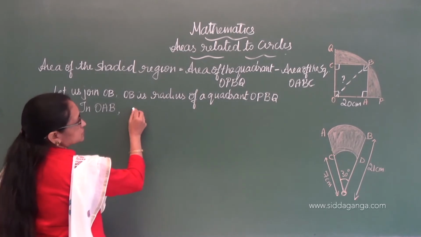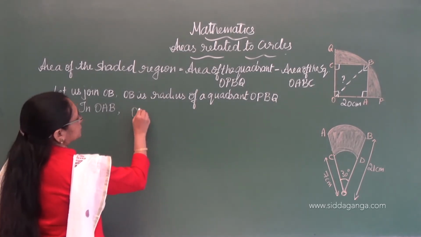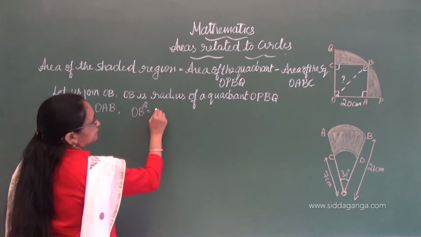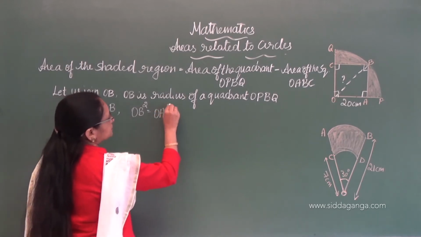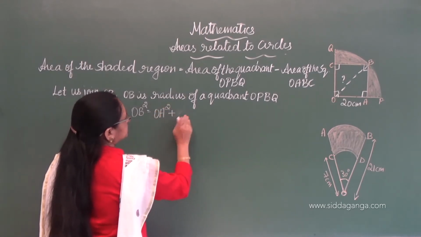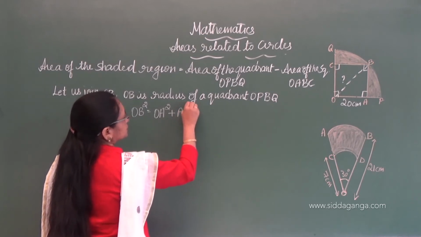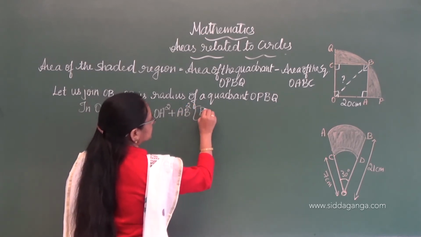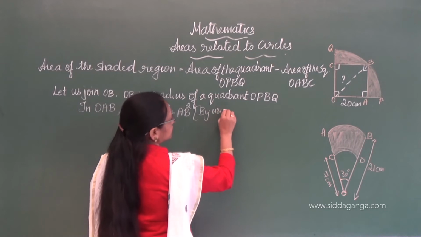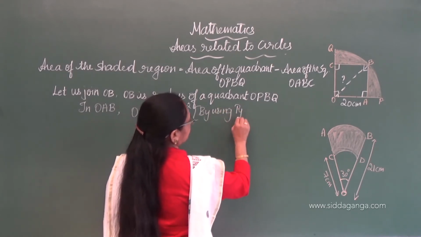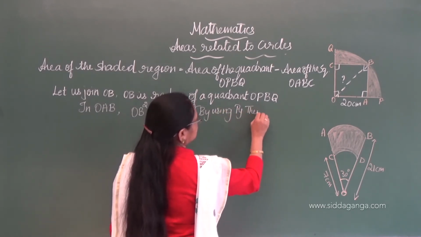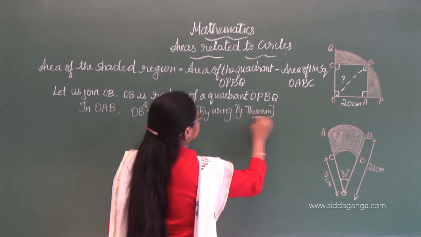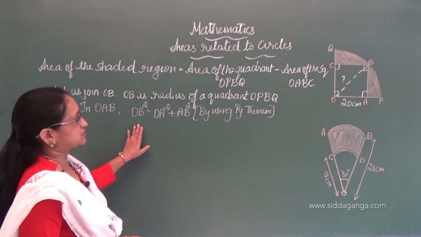by using Pythagoras theorem, you can write that OB square is equal to OA square plus AB square, correct? By using Pythagoras theorem, you can mention that. Okay. Now, OB square is how much?